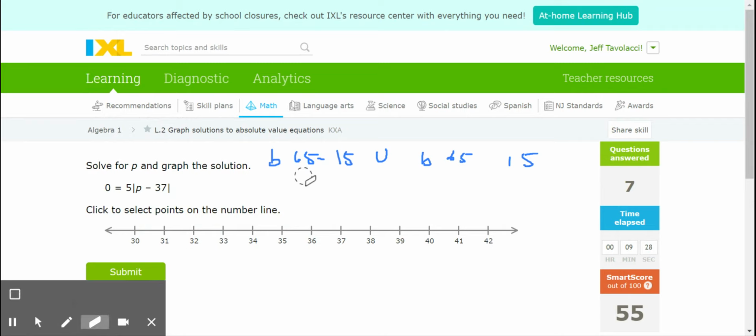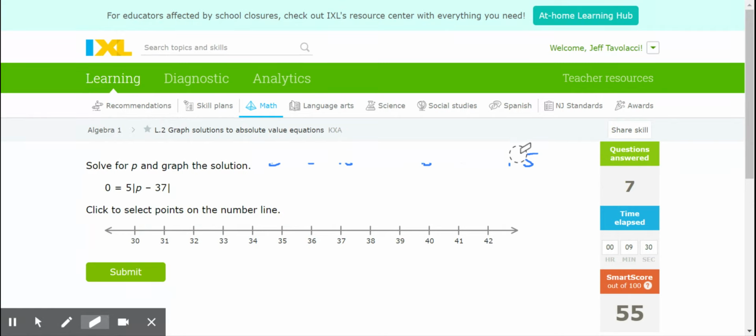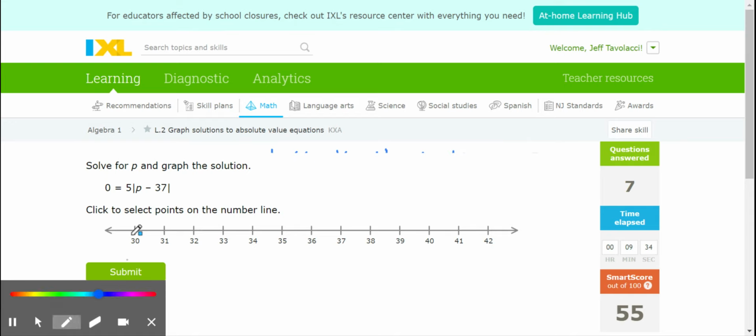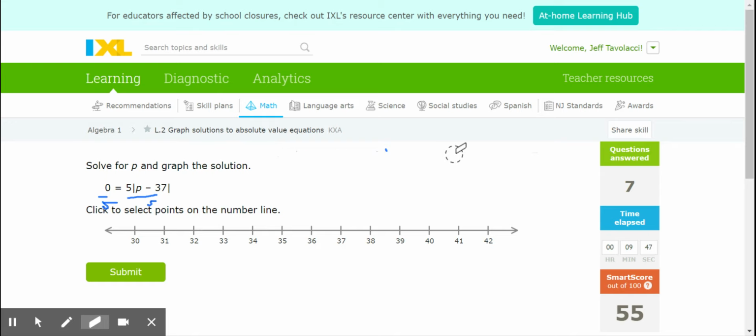Okay, now in this case, we would divide both sides by 5 first. And the good thing is when you divide 0 by anything, you still get 0. So we've got absolute value of P. Let me clear this. Absolute value of P minus 37 is going to be equal to 0.